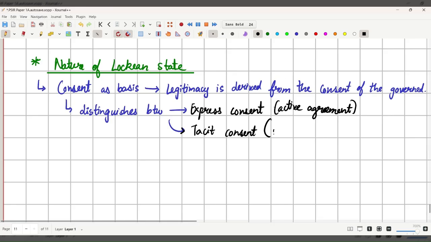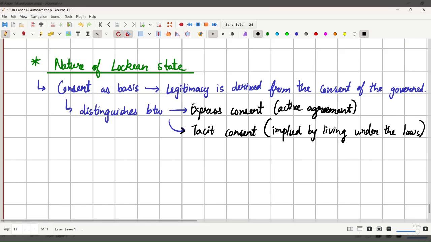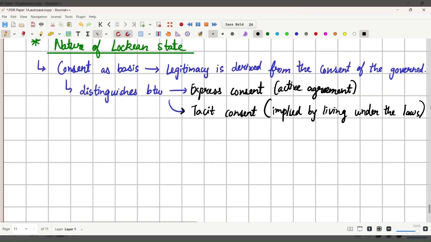So this is how he described consent. Then the second feature of his state was limited government.